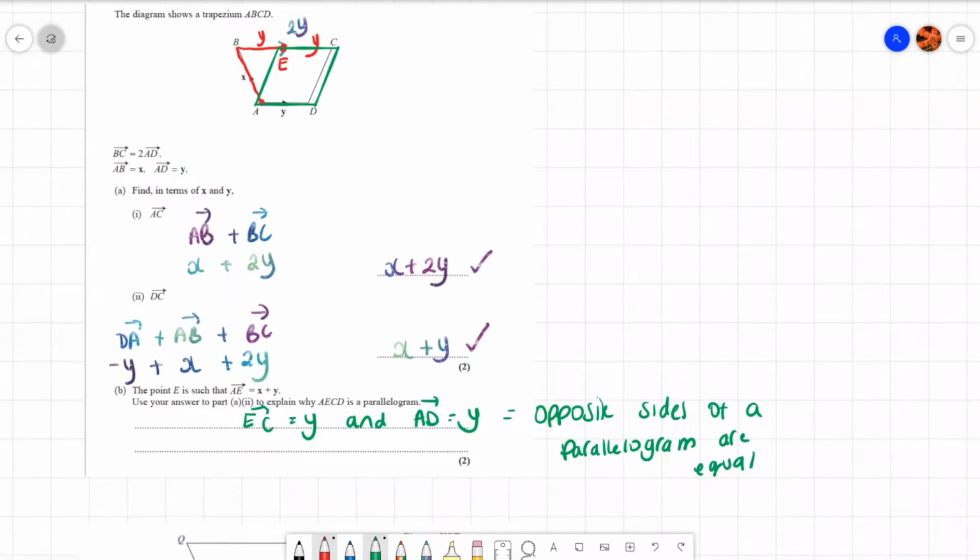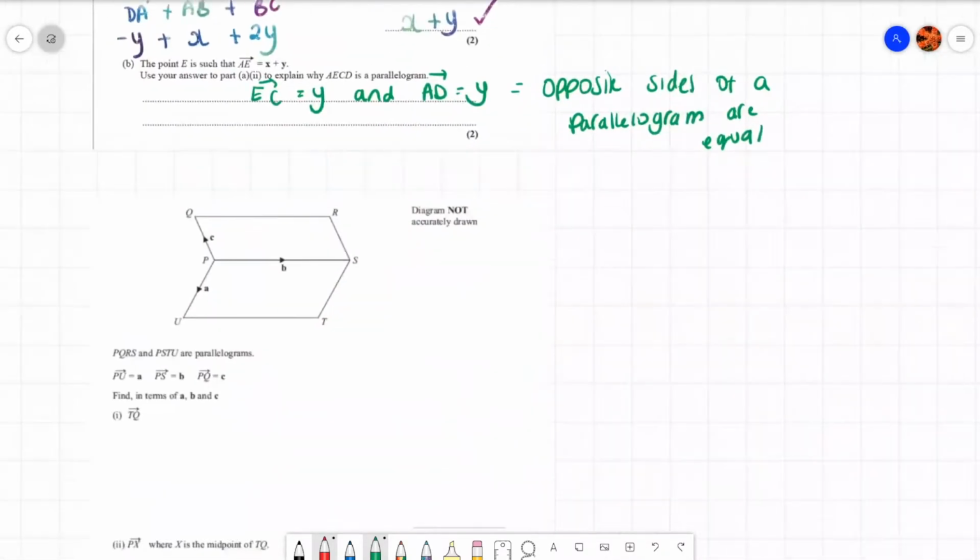And there we are. Okay, lovely. And we can work out what AE is if you want, and you can show that that's parallel to DC as well, if that helps. Let's have a look at another question.